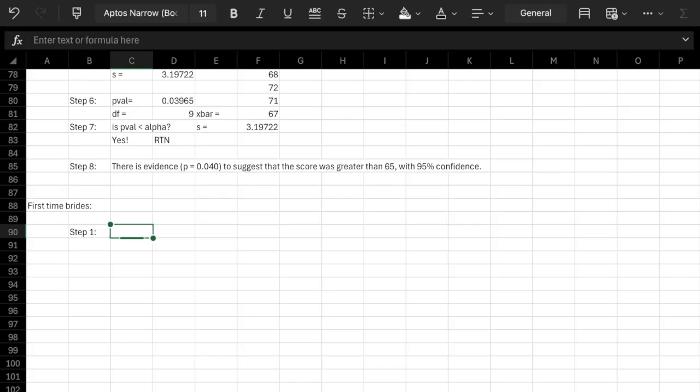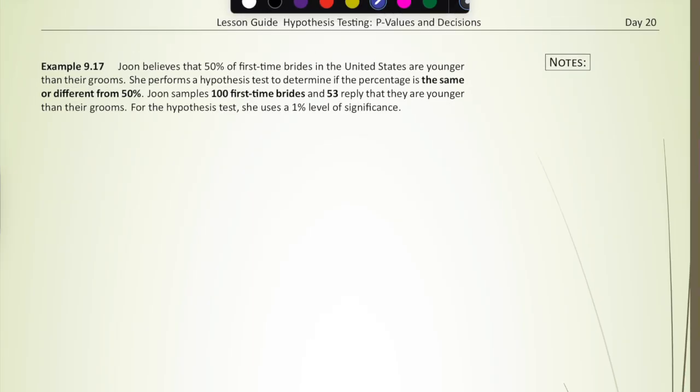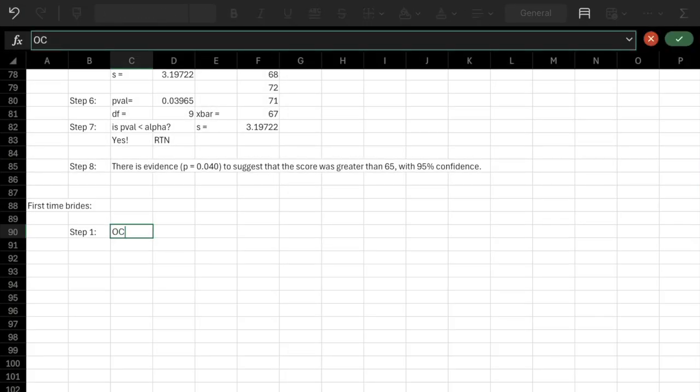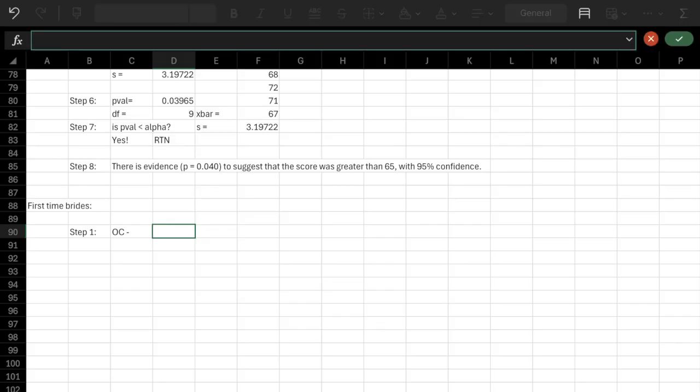Step 1, the original claim. I forgot. Let's see now. Believes that 50% of first-time brides in the United States are younger. Okay, so the original claim is that the proportion of first-time brides is 50%. See, that's what she said.